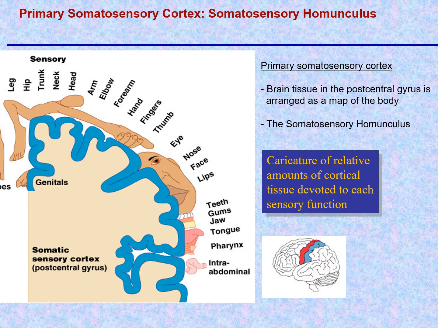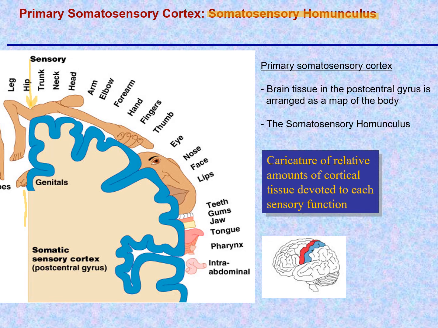Now, similar to the primary motor area in the precentral gyrus having a motor homunculus, there is also a somatosensory homunculus. And it was found by stimulation going from this area here. This here represents, in fact, the longitudinal fissure.